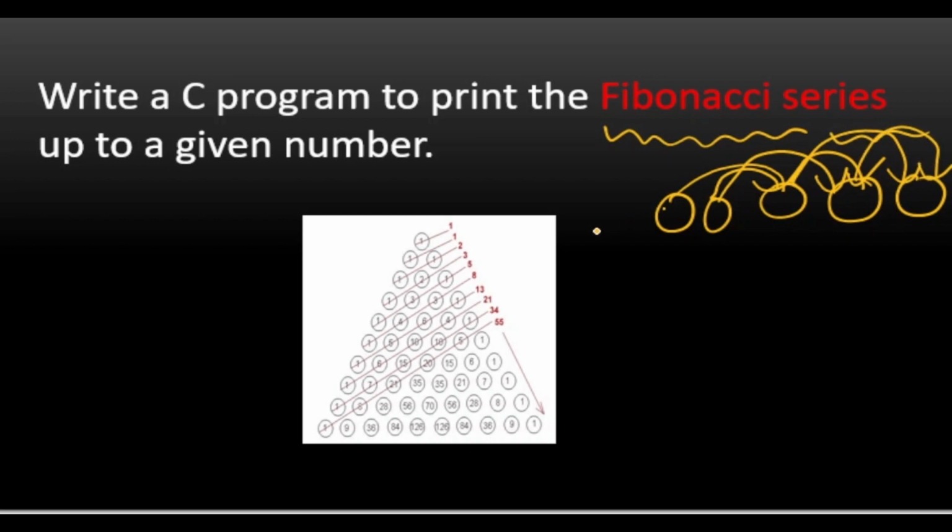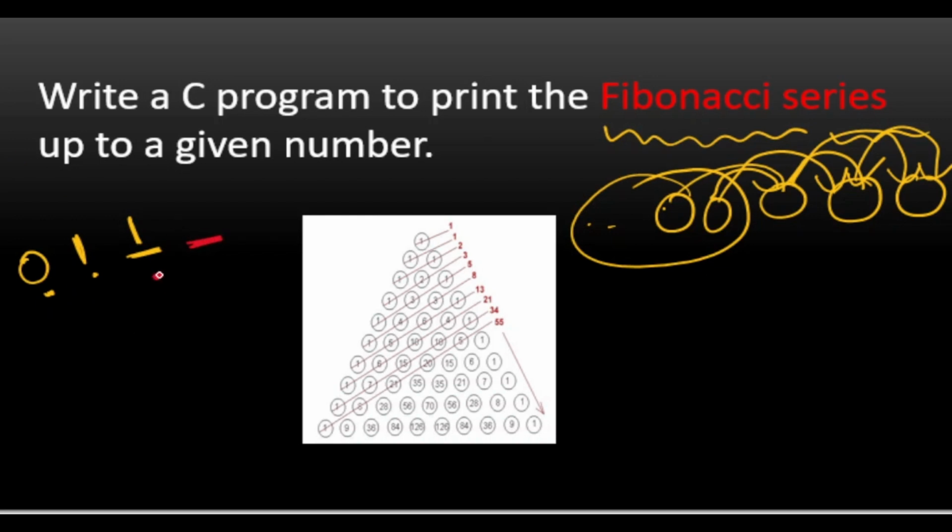But you may wonder how the series will start. Every time, the first two numbers are 0 and 1. What is the third number? Sum of the before two terms. 0 plus 1, 1, right? So the sum of the previous two terms is 1. Now, what is this term?